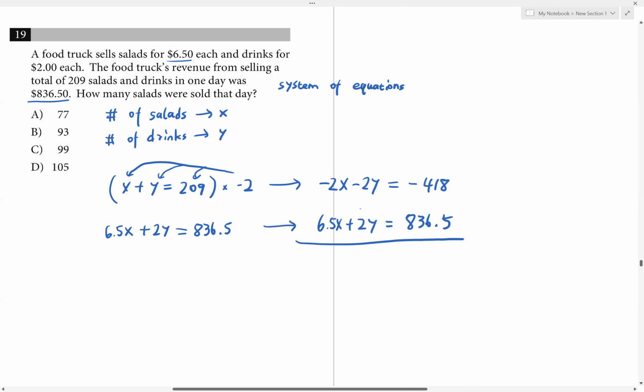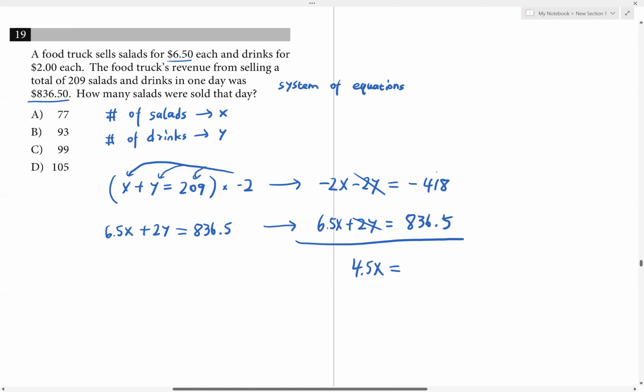If we add them, the -2Y and the +2Y cancel each other out because they're exactly opposite, so they add to be 0. And then we add the X values: negative 2X plus 6.5X, we get 4.5X total.